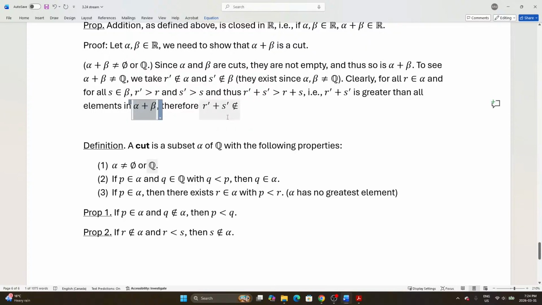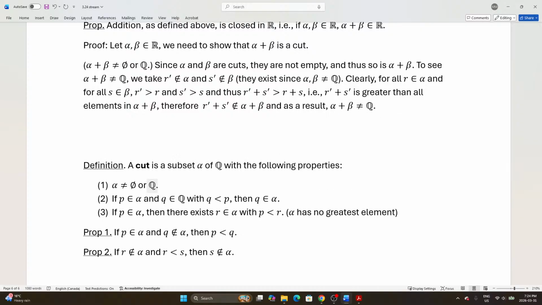So therefore, it's not the whole of Q, and as a result, alpha plus beta is not the whole of Q. All right, nice. So the first one is done. Okay, so I'm going to remove that.